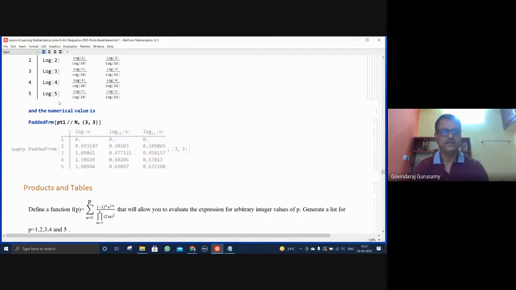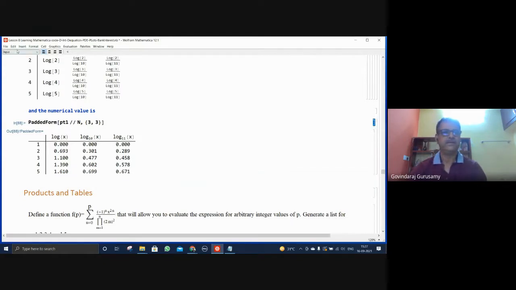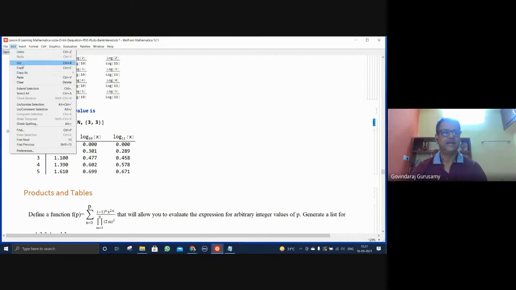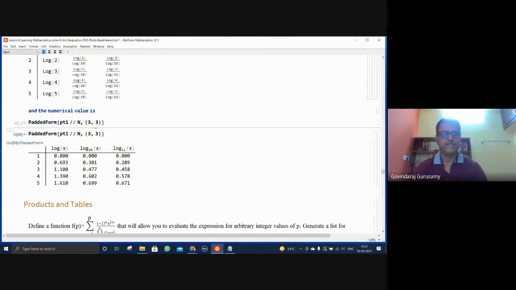Spelling mistake. Added NumberForm. It works. You see the difference between the previous one and this? It's important. This is also another important statement that one should learn when doing tables. Look at the previous one without this NumberForm.